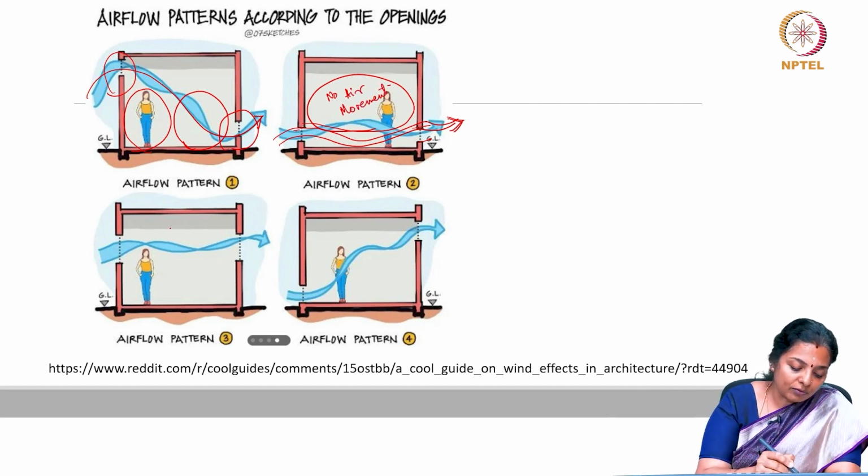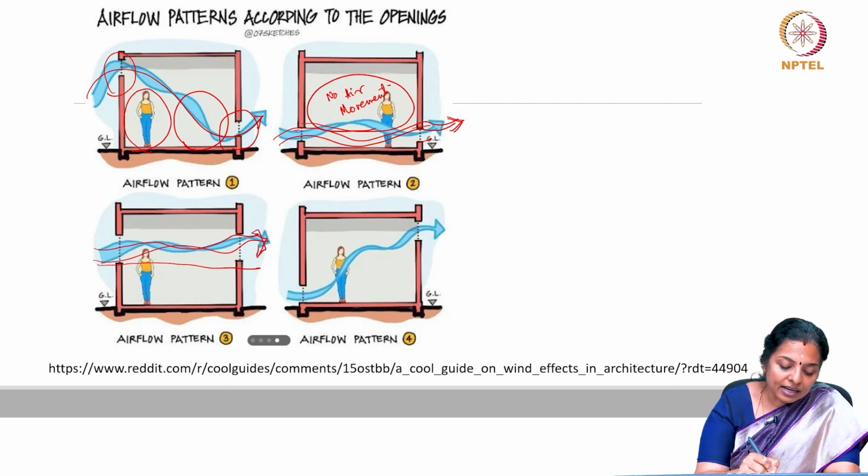If you have windows at heights which are above the human activity area, when the inlet and outlet are such, then at the human activity level, there will be minimum air movement.